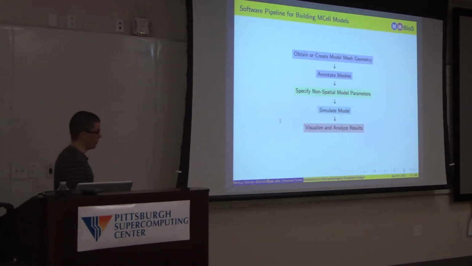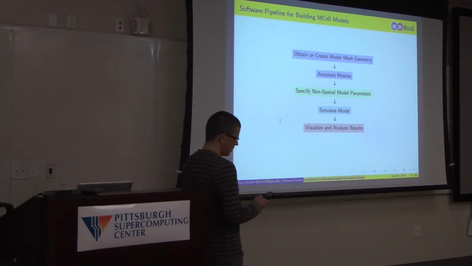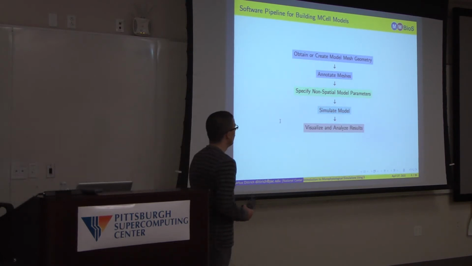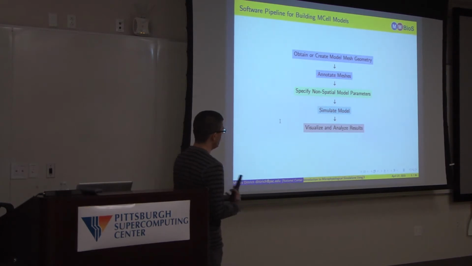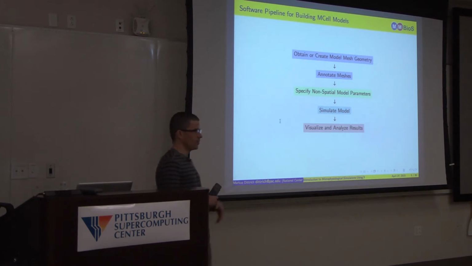And so the general pipeline for developing an MCell model is, you have to somehow obtain or create your geometry, and I'll mention a few ways you could do that in reality. Then I call this annotate meshes. What this really means is you have to tell MCell what certain regions on these meshes are.